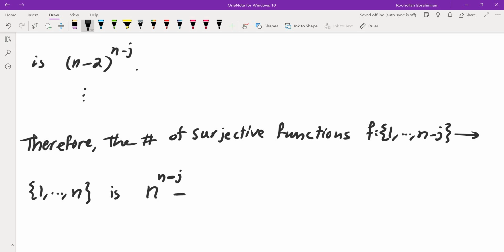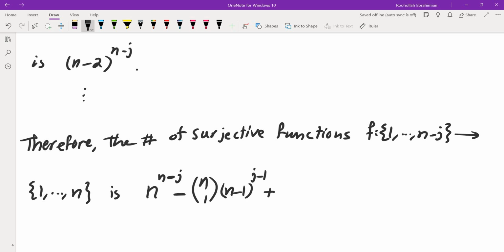We have to subtract the ones where 1 is not in the range, and we have to subtract the ones where 2 is also not in the range. So we have to subtract n of those. So that would be n choose 1, n minus 1 to the power of n minus j.